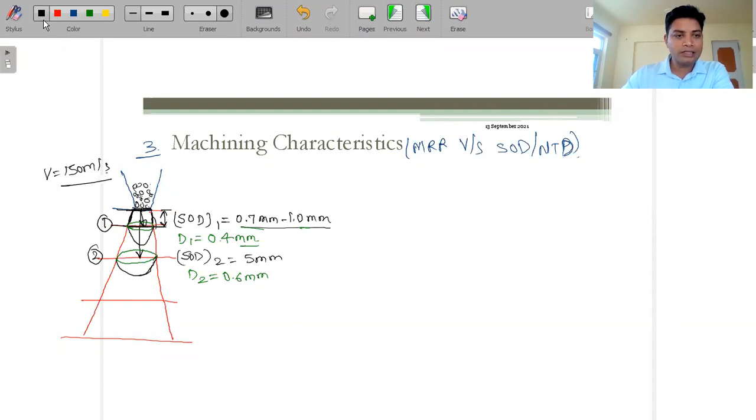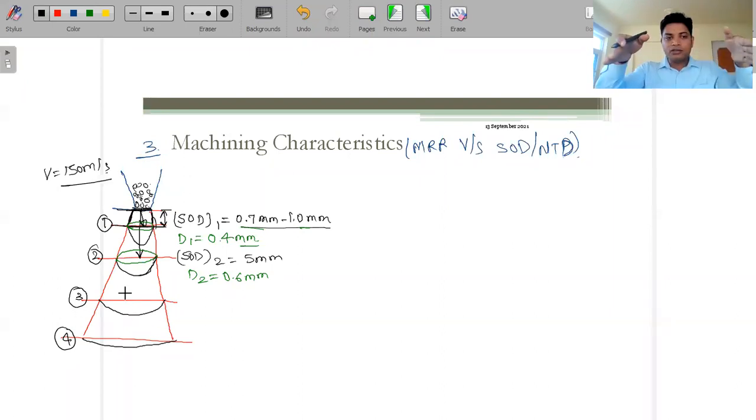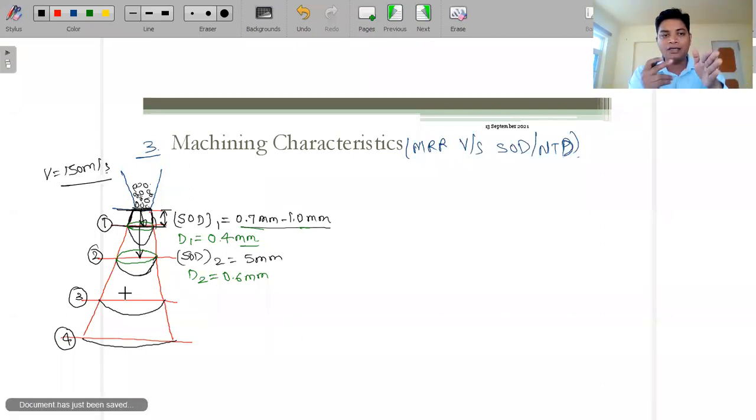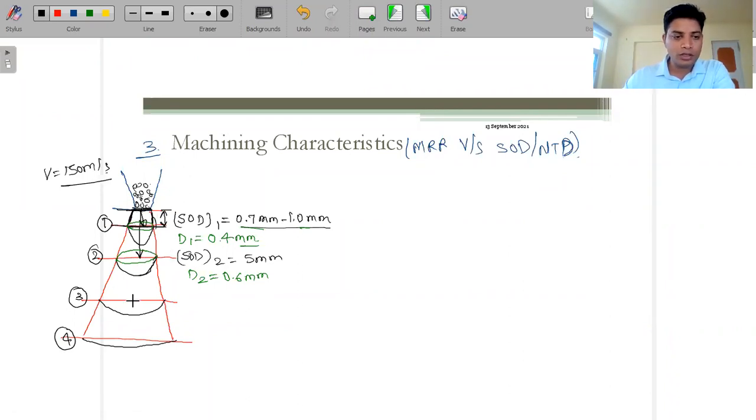Now let's increase the standoff distance from 3 to 4. At 3 it will look like this, and at 4 it will look like this. The diameter is increasing because the spread of the abrasive particles is increasing. Wherever they come in contact, they will remove the material. This is the second case.